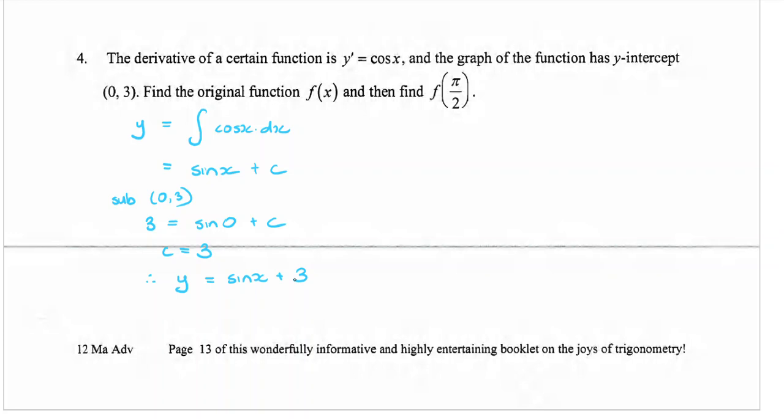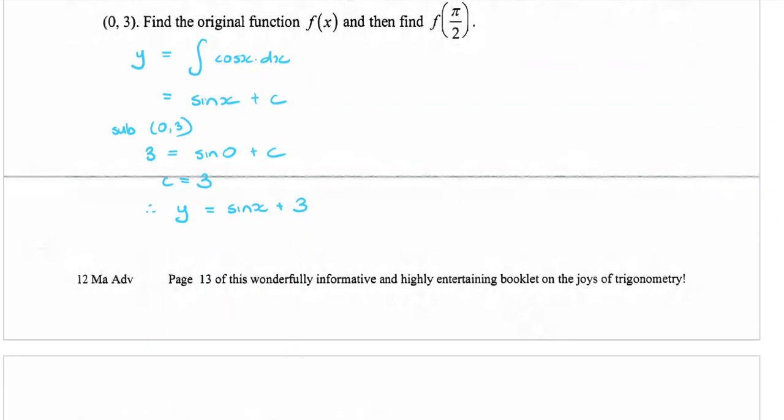So I'm now going to sub in x equal to pi over 2 to find that last value. I've used y equals instead of f of x, but that's all right. It'll be sine of pi over 2 plus 3.